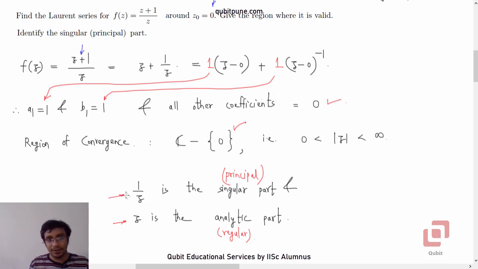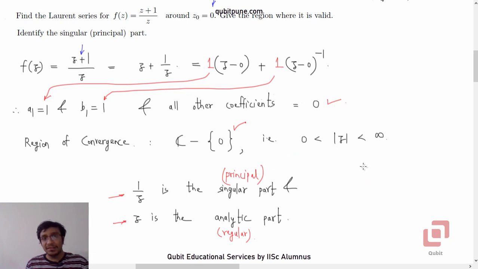So now we have answered all three. We have found the Laurent series by rearrangement of the terms, we have come up with the region of convergence or validity, and we have identified both the parts. Once you identify the first part, the rest is very easy to obtain: just remove those terms.